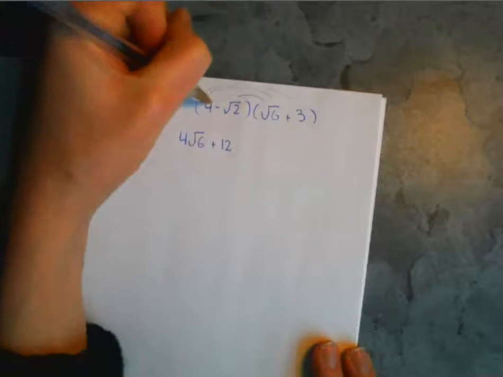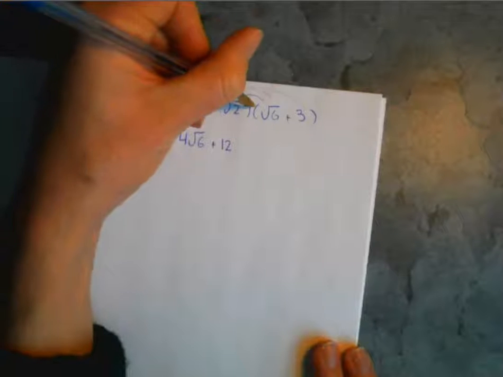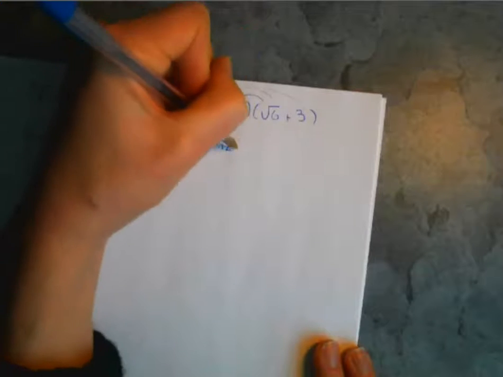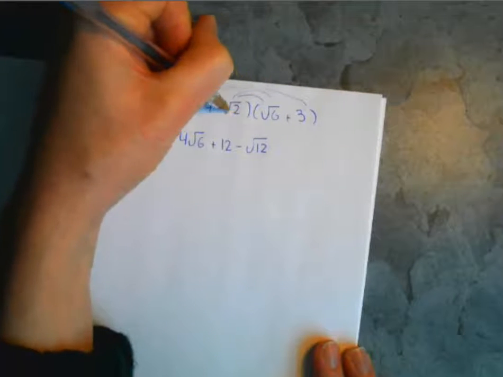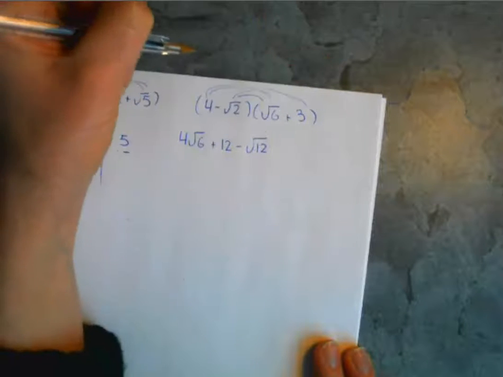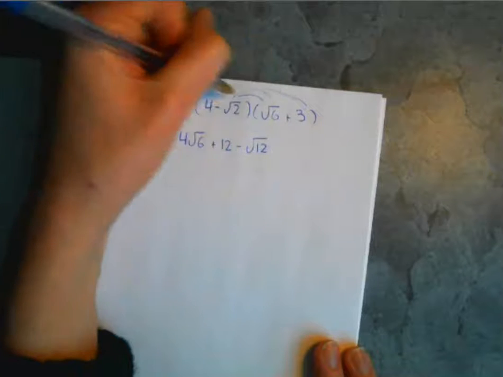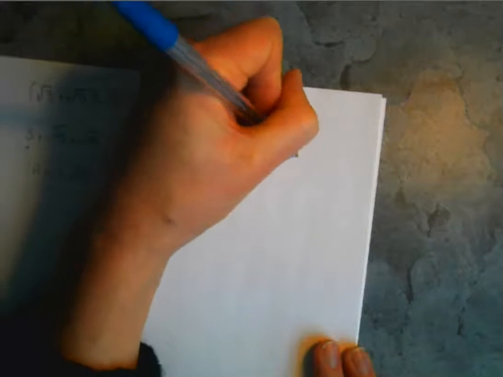Inside would be negative root 2 times by positive root 6, which gives us negative root 12. And then last would be root 2 times by positive 3, which gives us, negative times by positive, so negative, and then the 3 root 2.